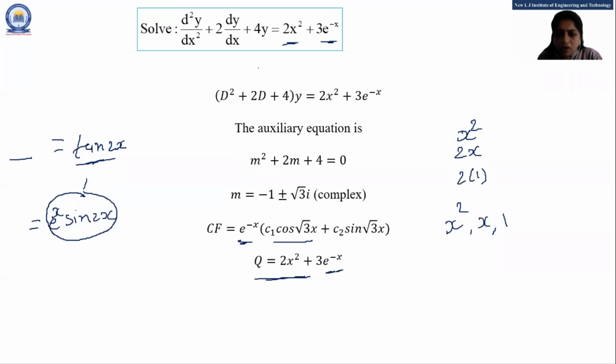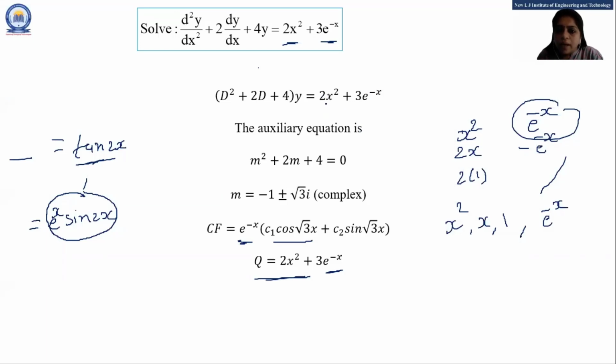And in the family of e raised to minus x, there is only one member, and that is e raised to minus x only, right? So our fourth member is e raised to minus x. We do not multiply this e raised to minus x with the other terms. Why? Because there is a plus sign between these two terms.